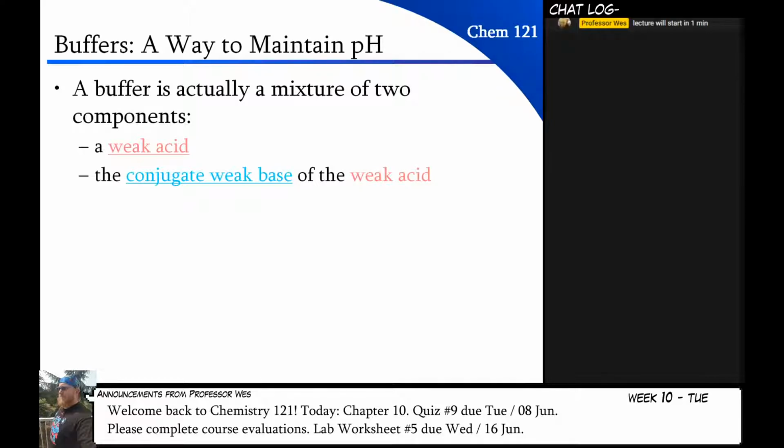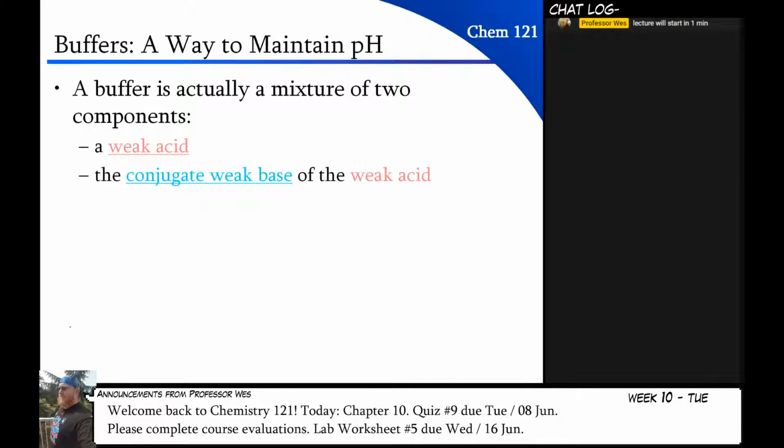So again, the 2 things that you need for a buffer are a weak acid and its conjugate weak base. You must have these 2 things in order to have a buffer. If you have a weak acid and any other weak base, you get a salt. You do not get a buffer. The buffer will not work.